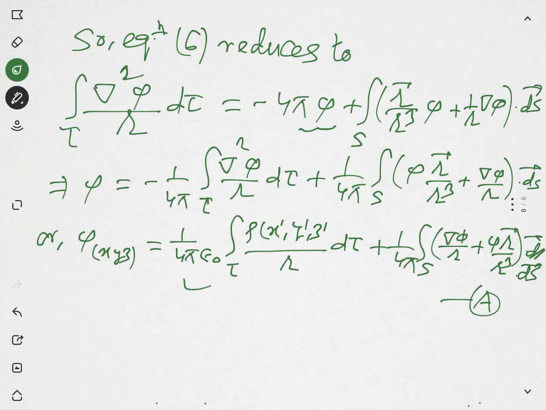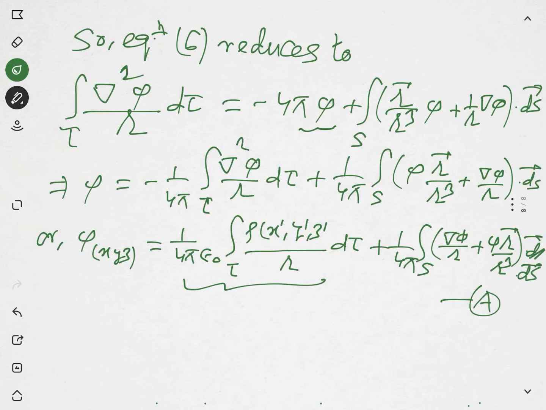In the first term, I have just used the Poisson equation. See this term, del square phi in accordance with Poisson's equation is minus rho over epsilon naught. From this expression, we can see that the potential phi of xyz can be calculated when the source charge rho is given.